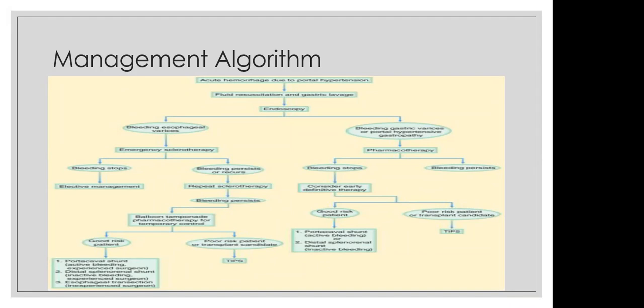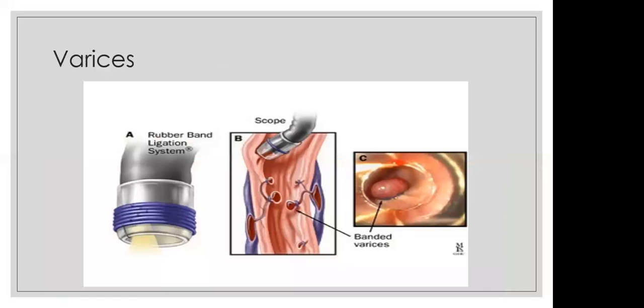And then similar for the bleeding gastric varices. Just an image on the varices, the rubber band ligation, and what it actually looks like endoscopically.